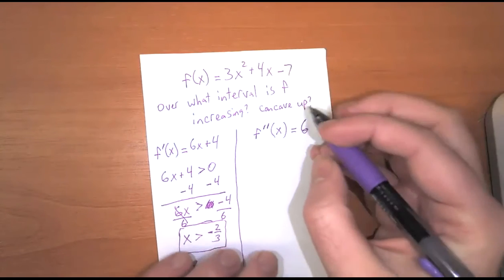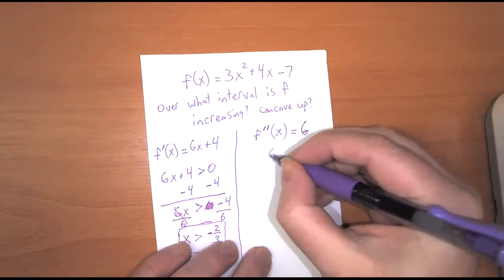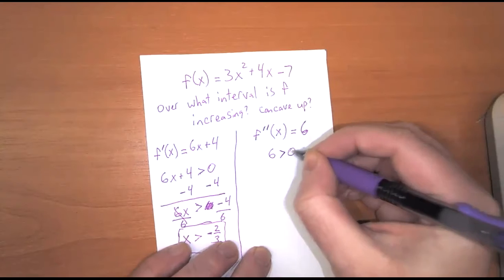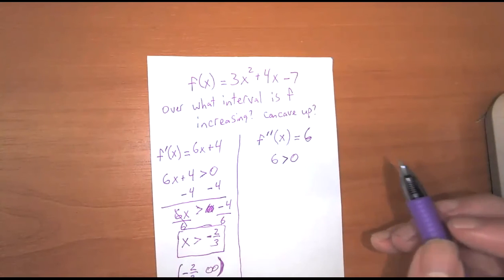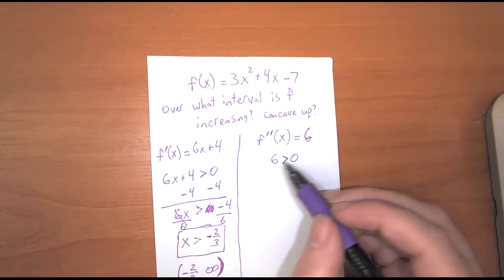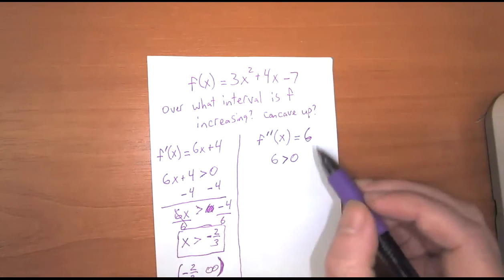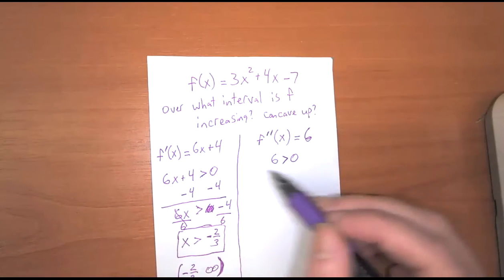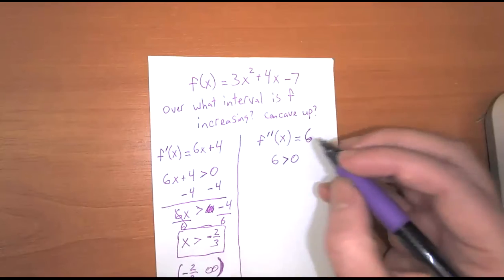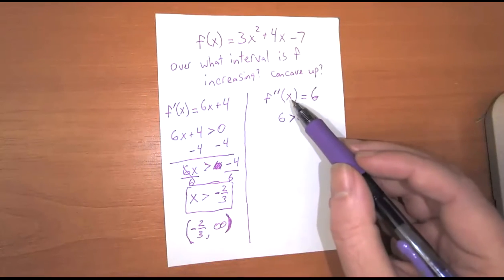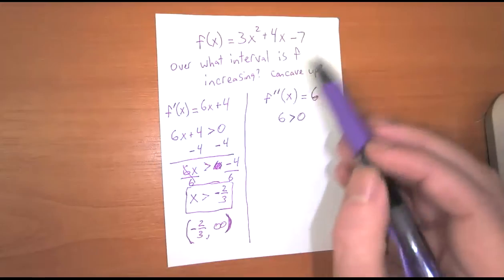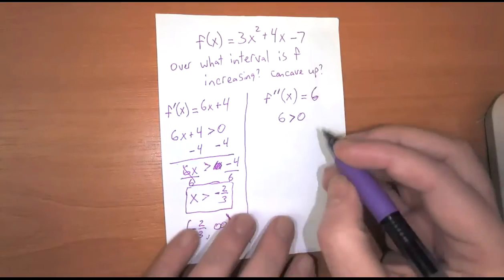So this looks a little weird. For what values of x is 6 greater than 0? Well, 6 greater than 0 is a true statement all the time, no matter what x is. So that basically means that any value of x represents a part of this function where the function is concave up.